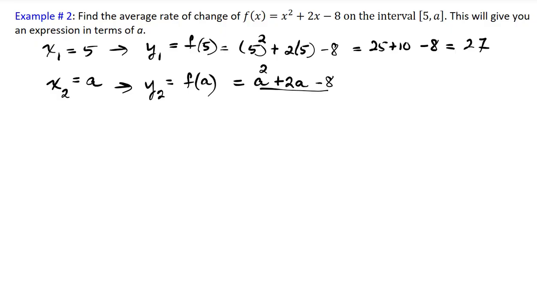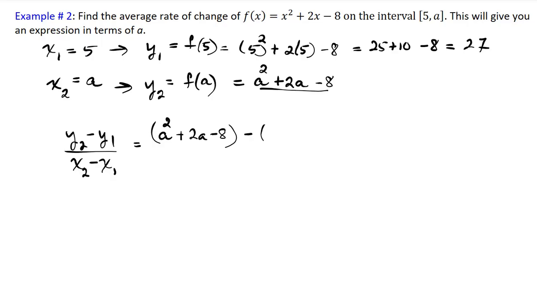Now, to evaluate the average rate of change, that's defined as y2 minus y1 all over the difference of the x's. So that's going to give us a squared plus 2a minus 8, that's our y2, minus y1, which is 27.